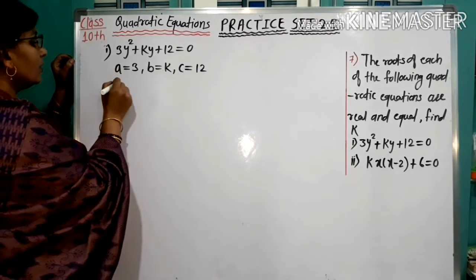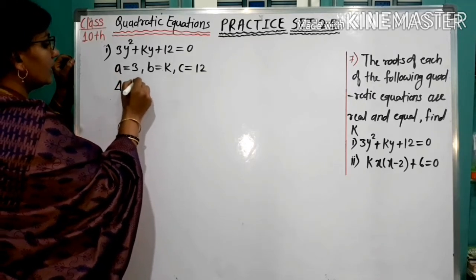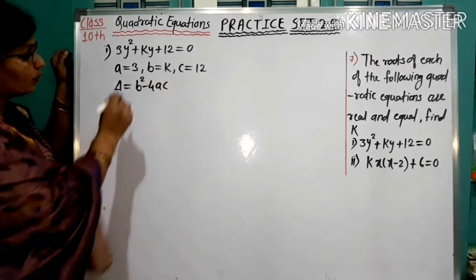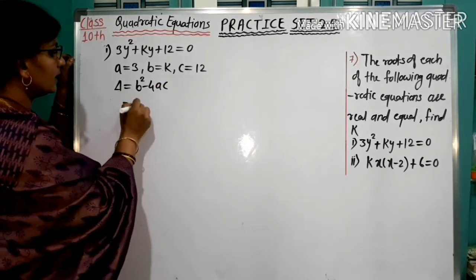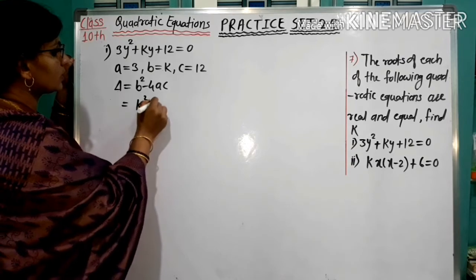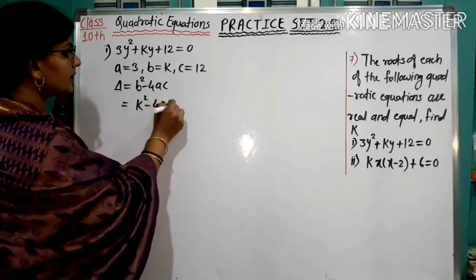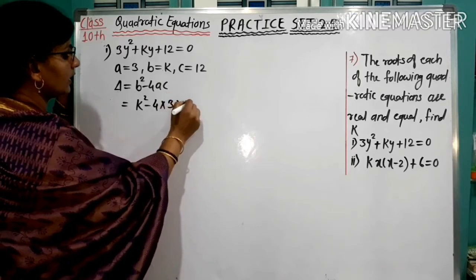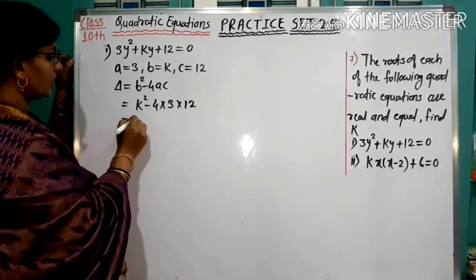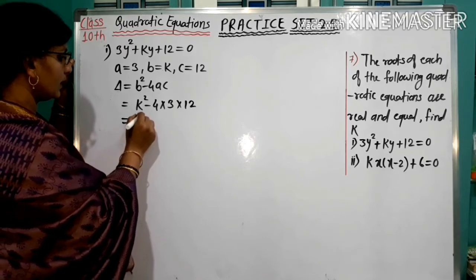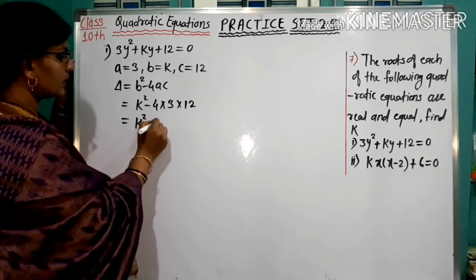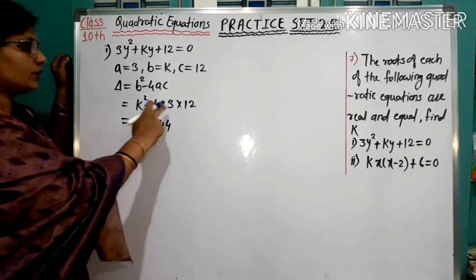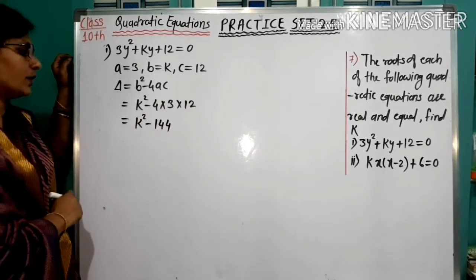Then find the value of discriminant. Delta equals b square minus 4ac. Put the value of b, that is k square, minus 4 into the value of a, which is 3, the value of c is 12. Therefore this is k square minus 144, 4 into 3 into 12, 144.